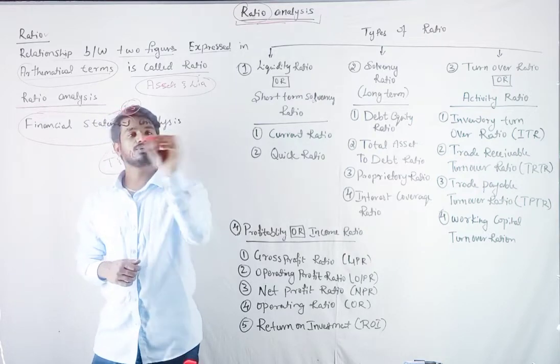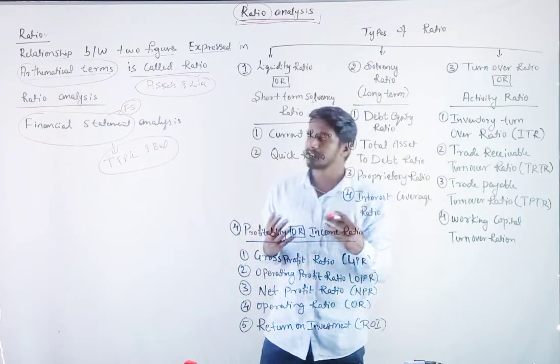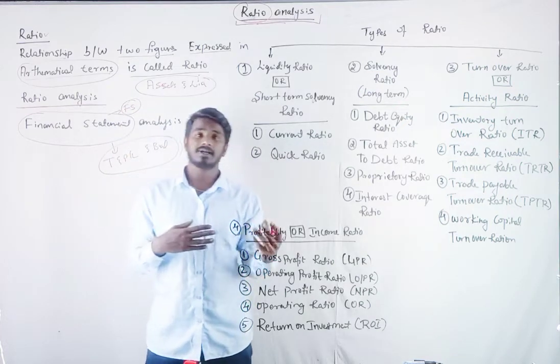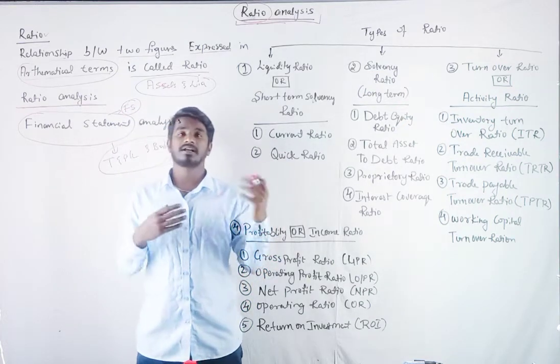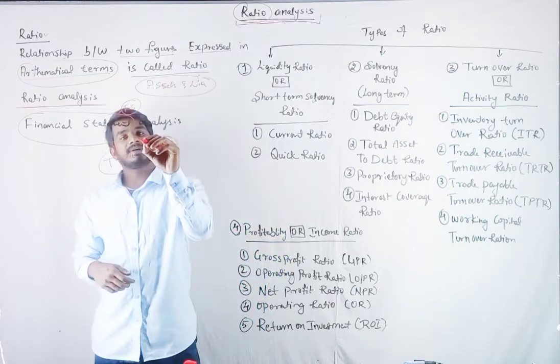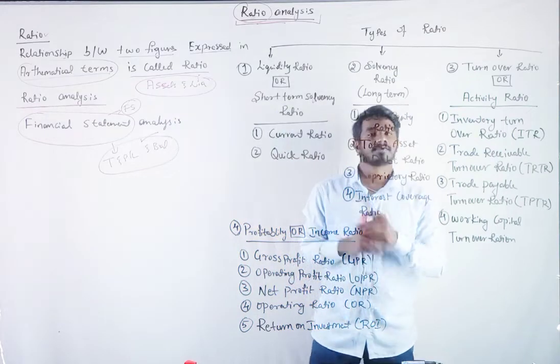If you can differentiate what is asset, liability, what goes to trading, P&L, and how we treat them, it will be easy for doing this chapter, right?